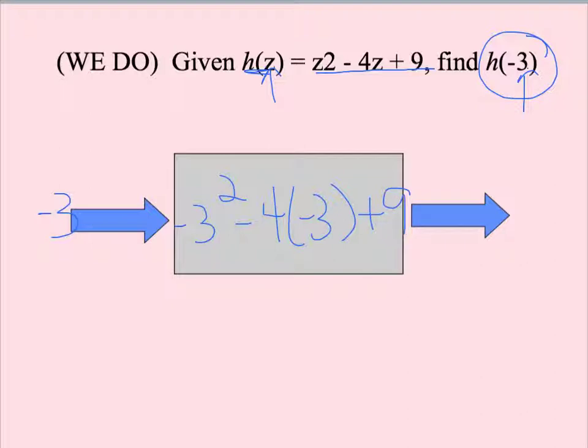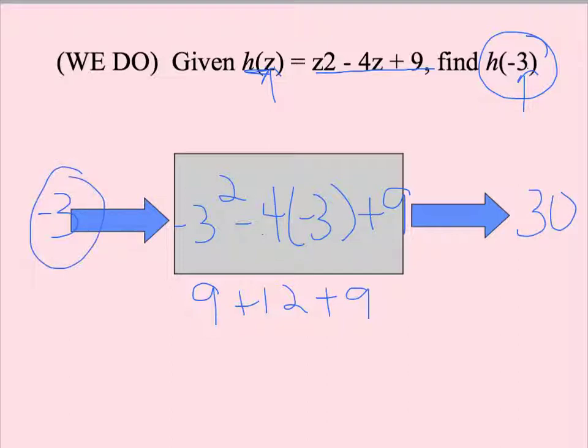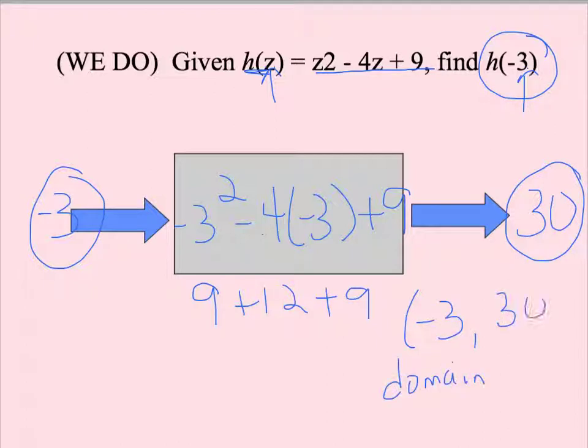Negative 3 squared is 9. Negative 4 times negative 3 is 12, plus 9. When I add 9 plus 12 plus 9, I get 30. So my input is negative 3 and my output is 30. Just remember that when we're talking about input, we mean the domain, and when we're talking about output, we mean the range.